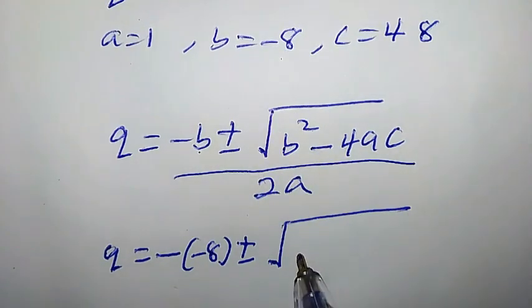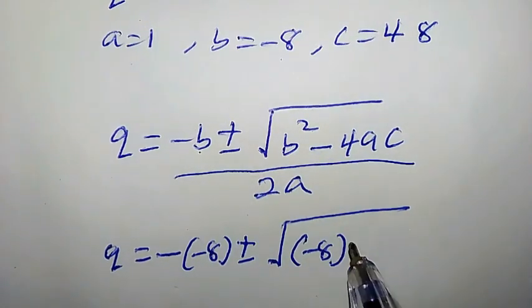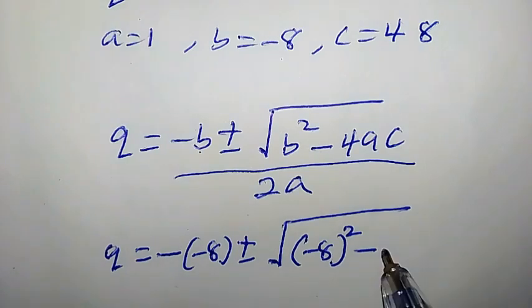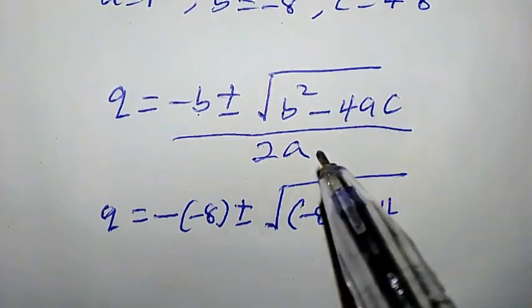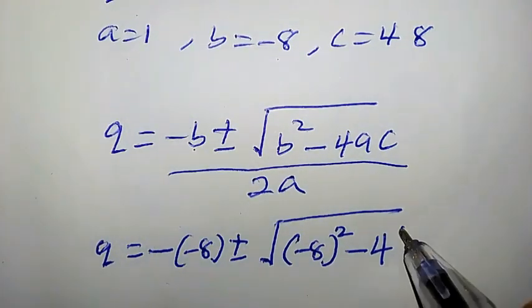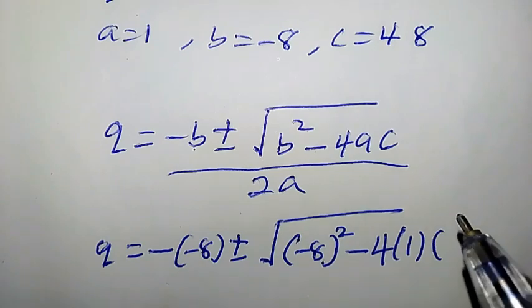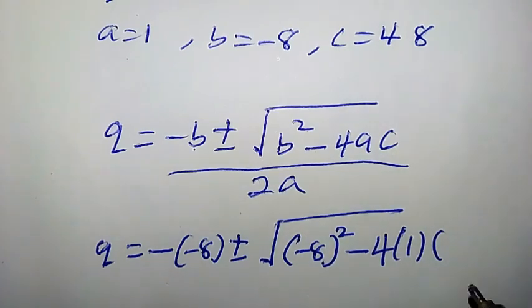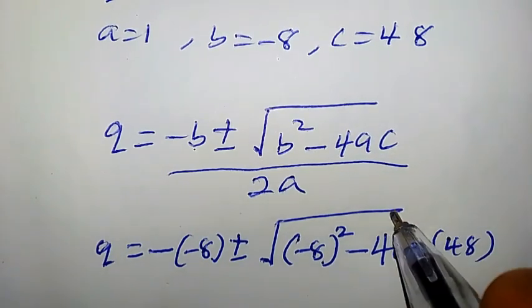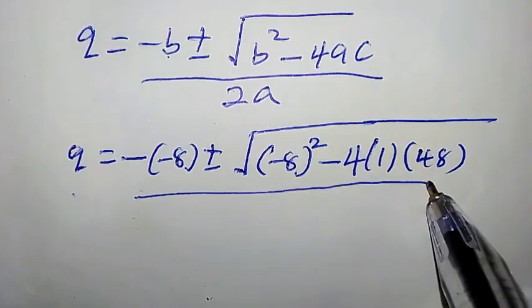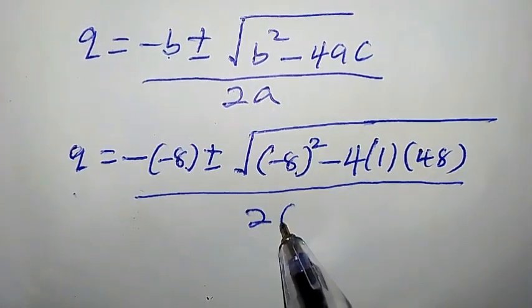B is negative 8. That will be minus 8 to the power of 2 minus 4. What is A? A is 1. So we have times 1 times, what is C? C is 48, all over 2 times 1.